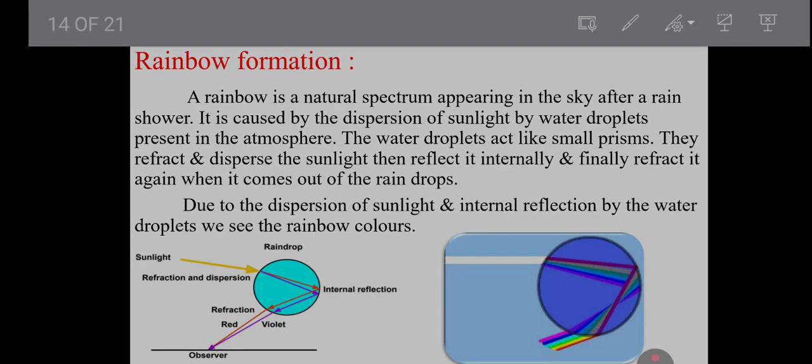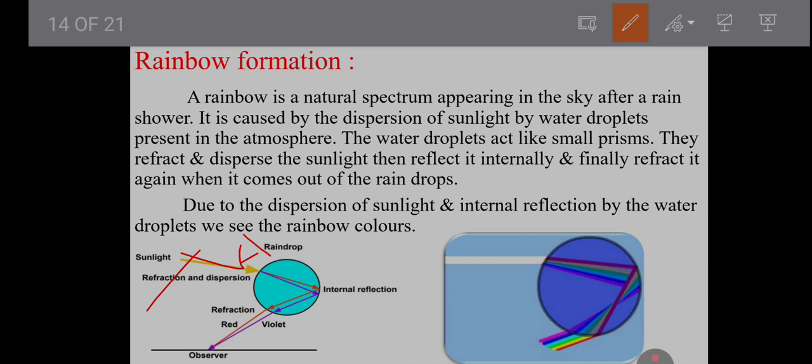If you see here, first the sunlight enters the raindrop. While entering, the light passes from one medium to another medium. Then it is the refraction, and dispersion also takes place. In the second step, this point is called A. Here the refraction and dispersion take place.